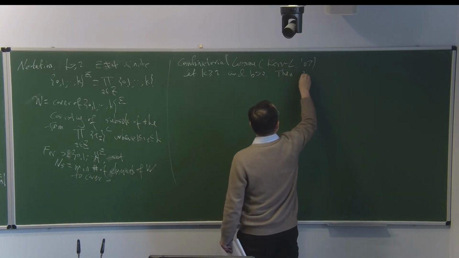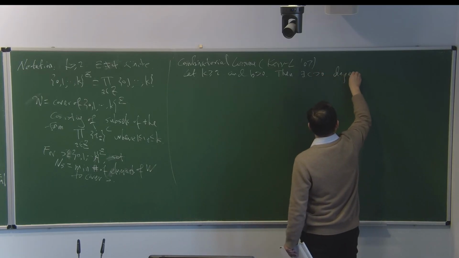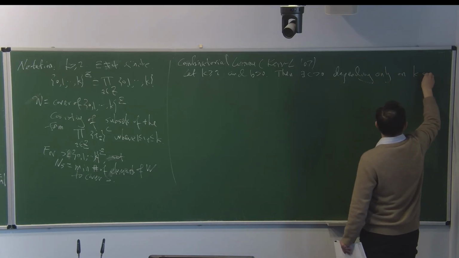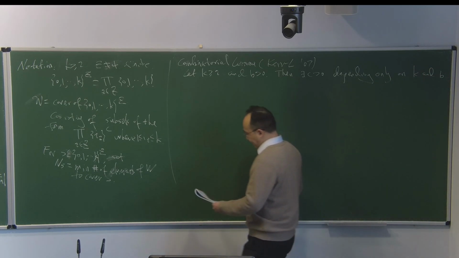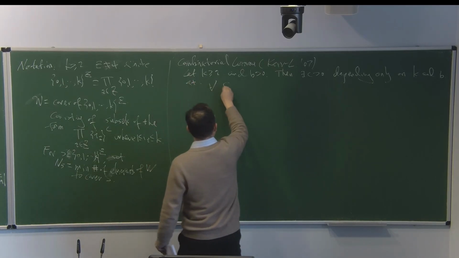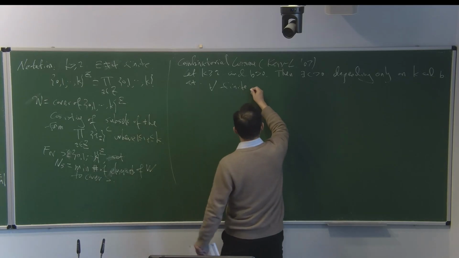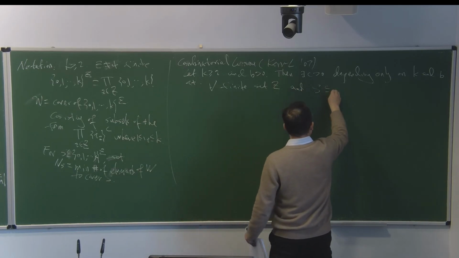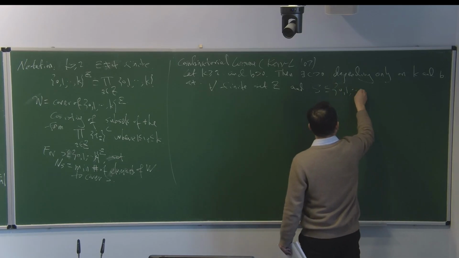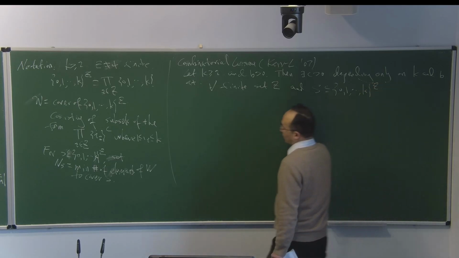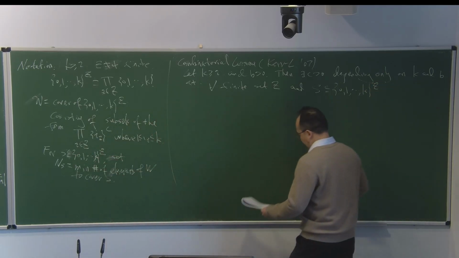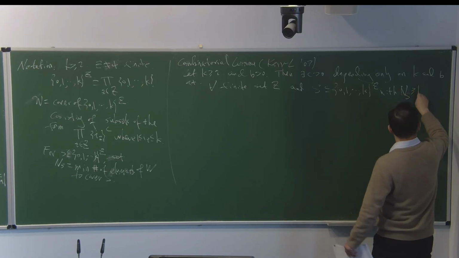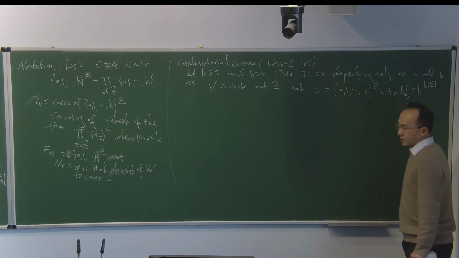Then there exists a constant c depending only on k and b, such that for any finite set Z and S in {0, 1, ..., k} to the Z, so S will be just like this situation here, with the mass at least k to the b times the size of Z.